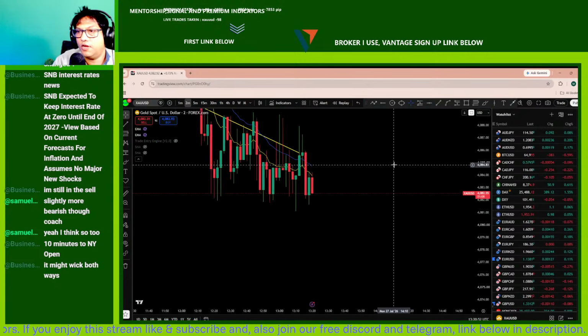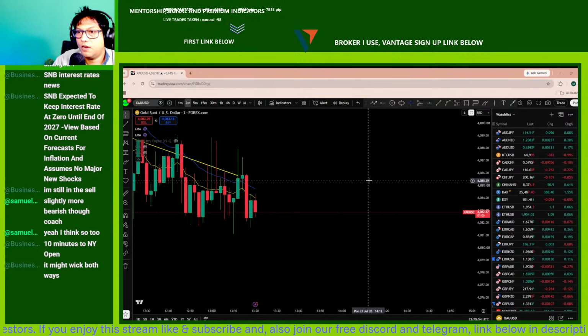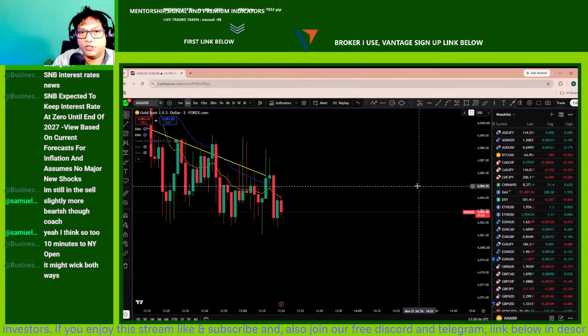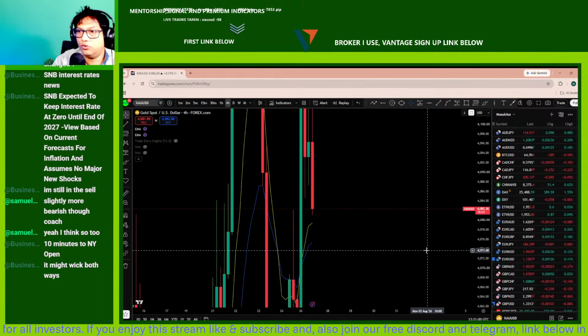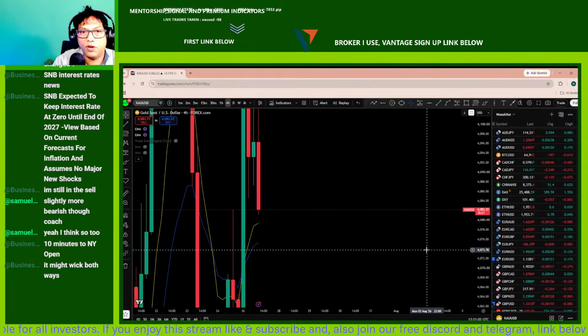If you look at the very narrow, smaller candlestick pattern, it shows that the market might try to dip further below.